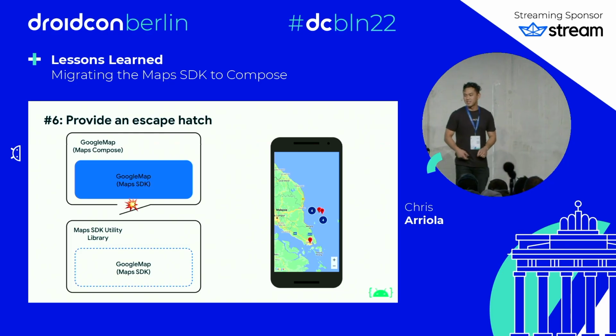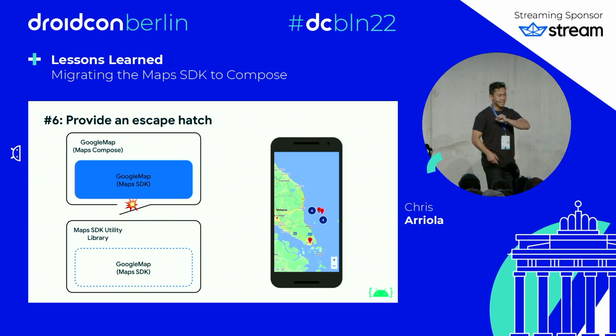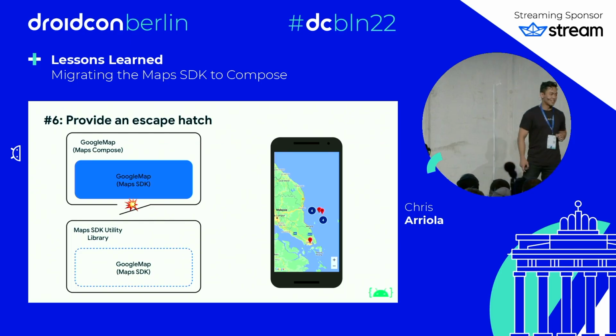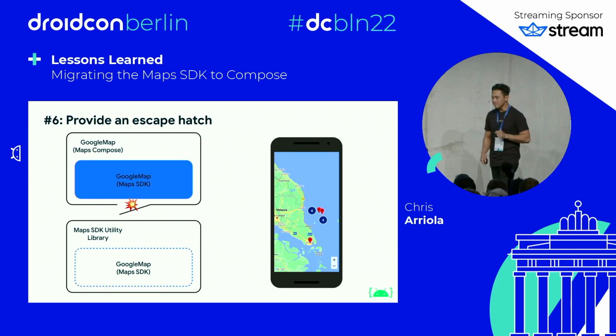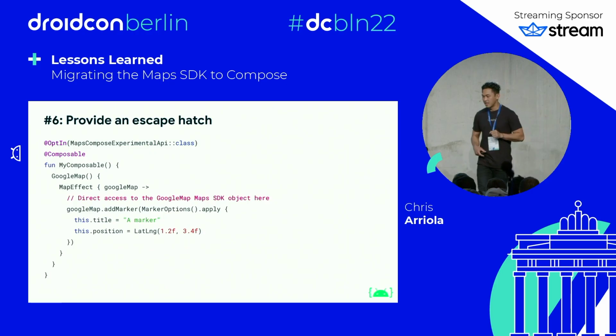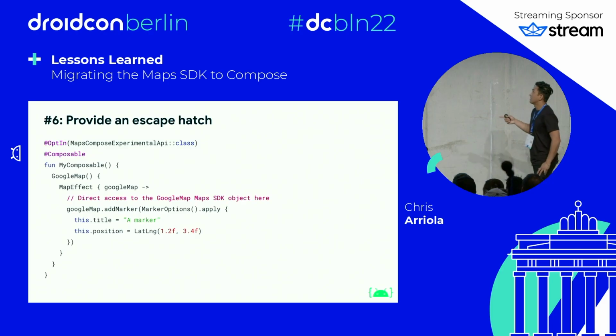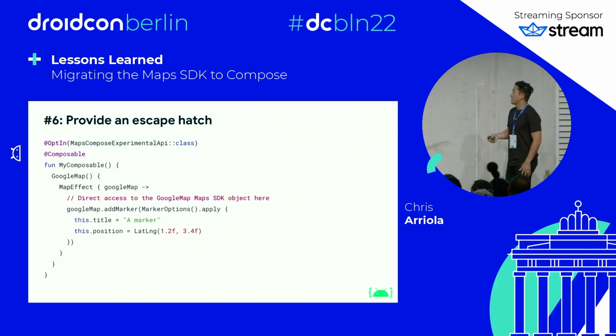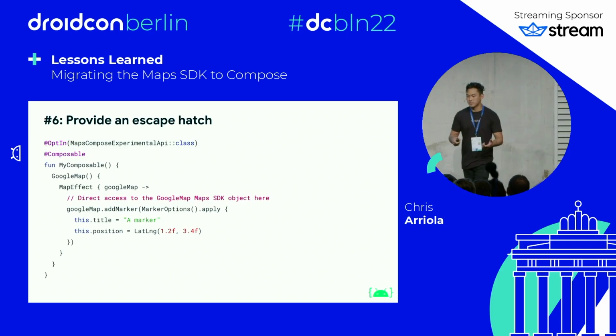So there's a need to obtain the Google Maps SDK object and use it alongside the utility library. So a subsequent version of Maps Compose actually exposed the Google Map object from the Maps SDK. And how you would obtain that is through this MapEffect composable function, and that gives you a handle to the Google Map object.